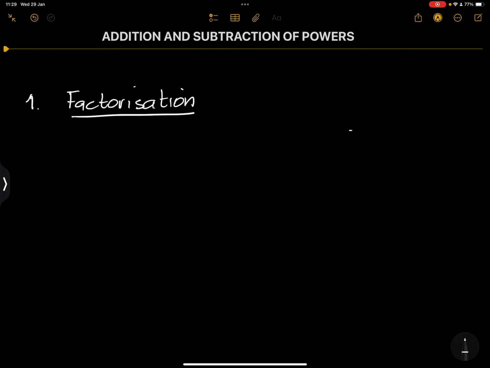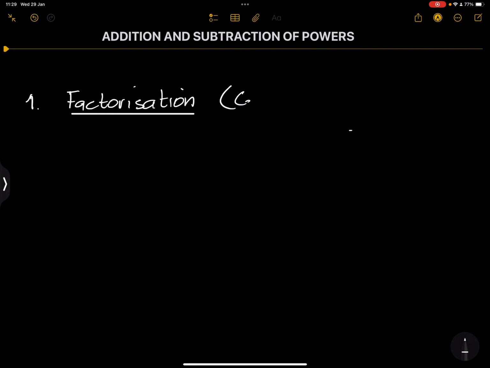Now factorization. I need to give you a warning: for you to factorize powers, or expressions that have exponents in them, the base has to be the same as well as the exponent, for them to be common factors. So you factorize by removing common factors.